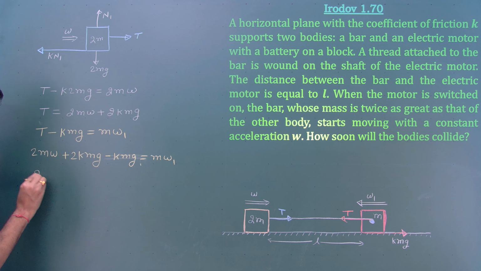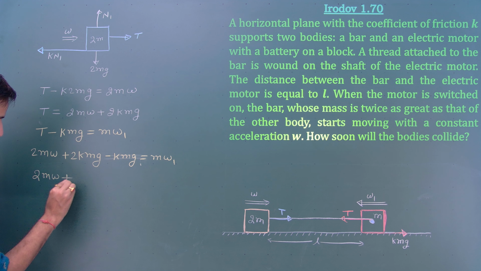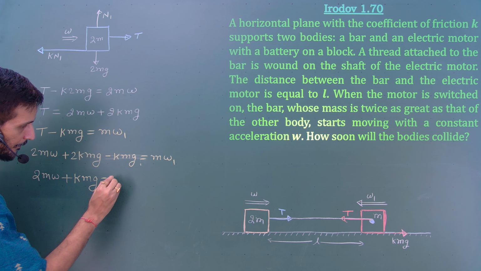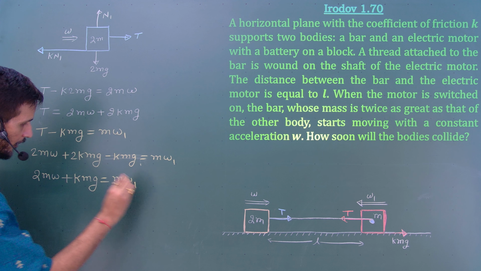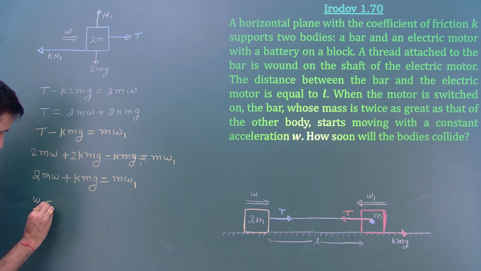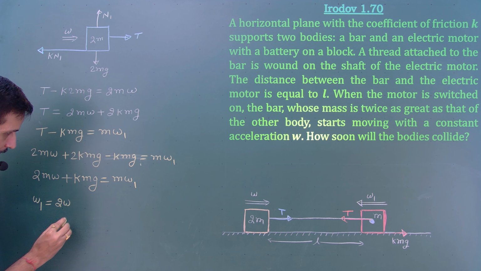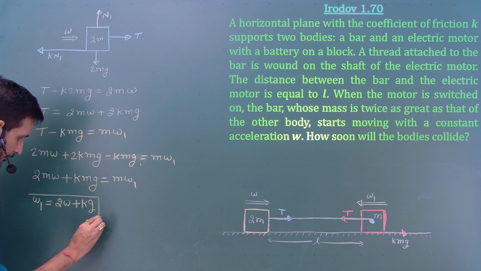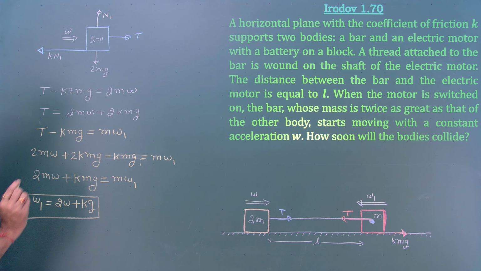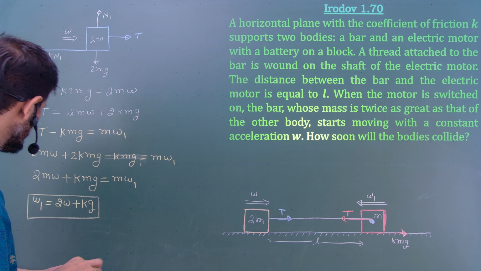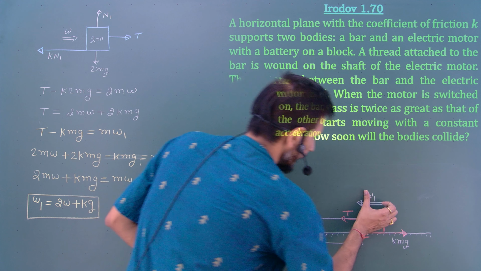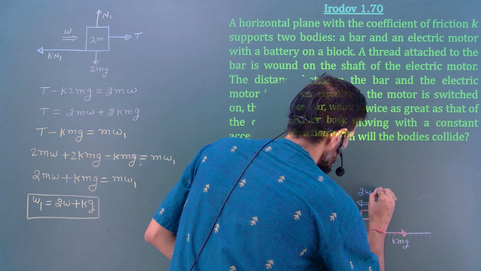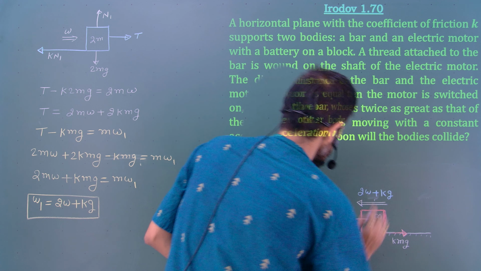It means 2mW plus kmg should be equal to mW1. So the acceleration W1 is 2W plus kg, and the acceleration W1 is greater than W. So I got the value of this acceleration. So the acceleration of this block is 2W plus kg.